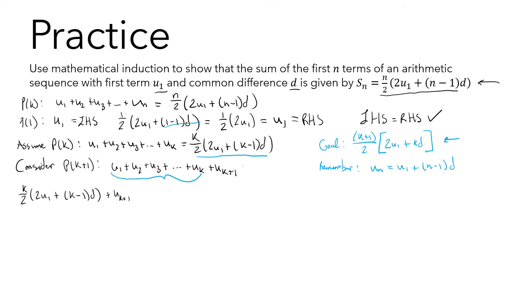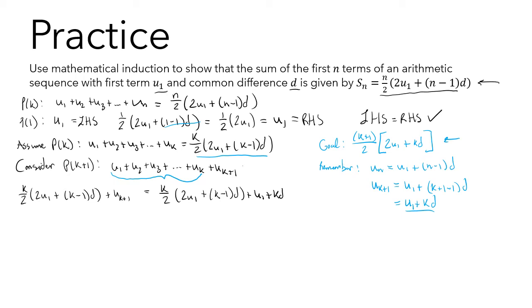So I want to make that look like my goal. Let's remember that by the formula, u(k+1) has to equal u1 plus (k plus 1 minus 1) times d, in other words, u1 plus kd. So I can substitute that in. So this is really equal to k over 2 times (2u1 plus (k minus 1)d), plus u1 plus kd, by the substitution that I just made.